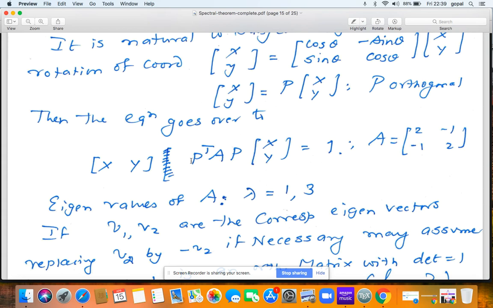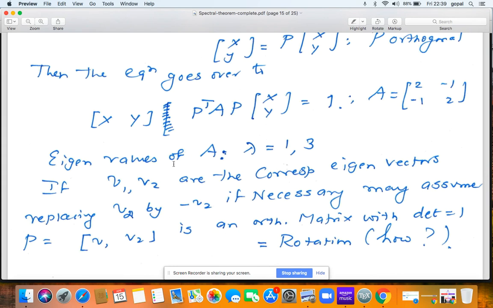I can divide v1 by its length, divide v2 by its length, and I can assume that v1, v2 is an orthonormal pair of vectors, and I can replace v2 by minus v2, and I can always assume that this matrix P, which is obtained by stringing v1 and v2 together, is an orthogonal matrix. I can also assume its determinant is 1. So a 2 by 2 orthogonal matrix with determinant 1 is a rotation of the plane through angle theta.